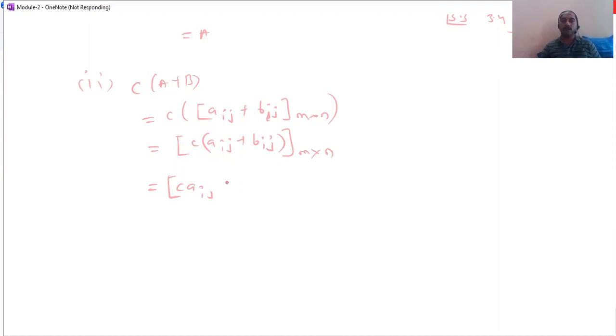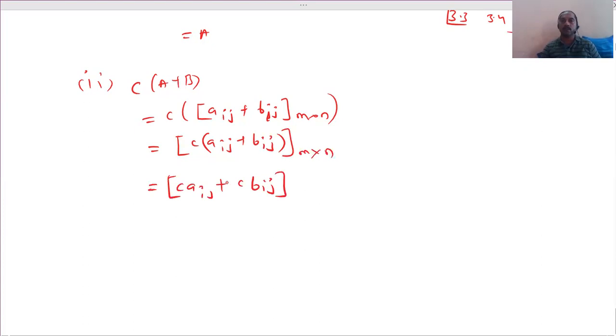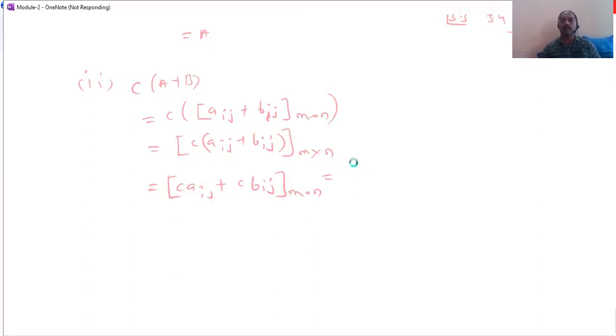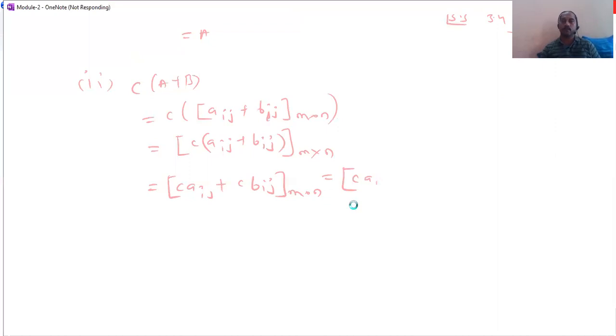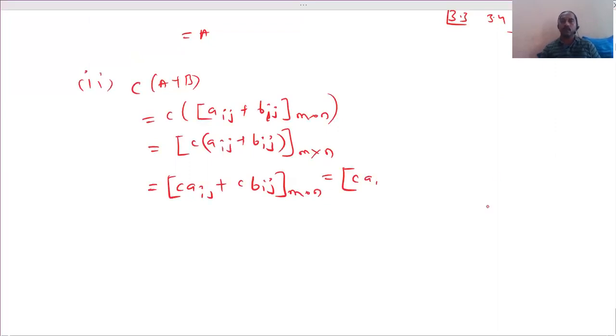C a_ij, C b_ij, M by N. Once again using the matrix addition property, it is written in the form C a_ij M by N plus C b_ij M by N.